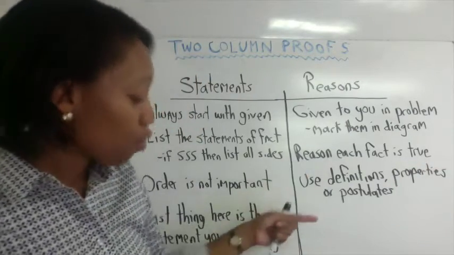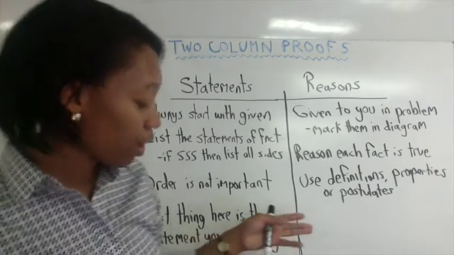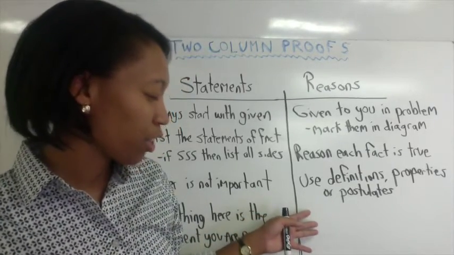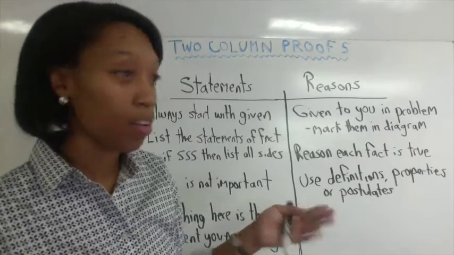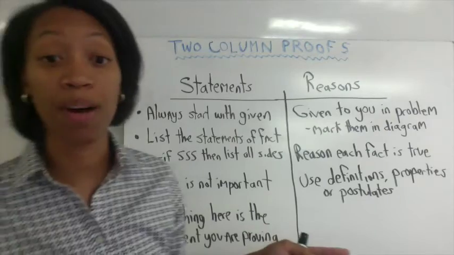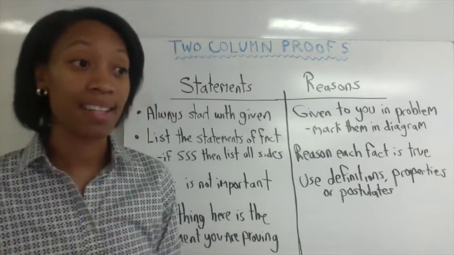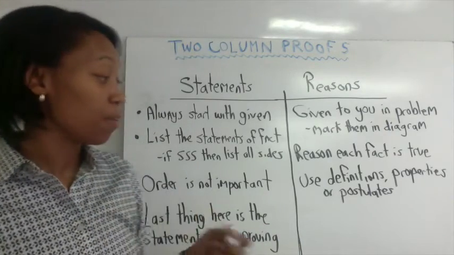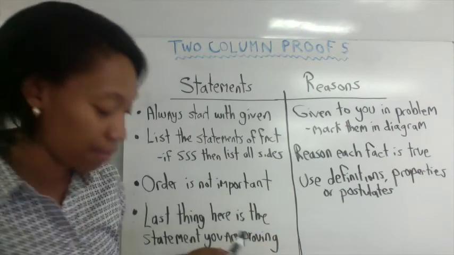If it's a triangle, the last thing that you're going to have in this column, and we're going to be writing a lot of proofs about proving triangles equal, is one of your postulates, as far as side, side, side, side, angle, side. That's what's going to be last.